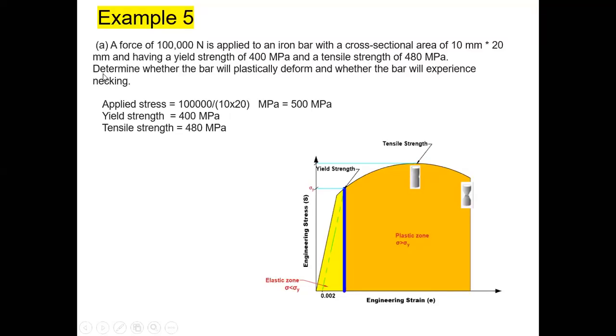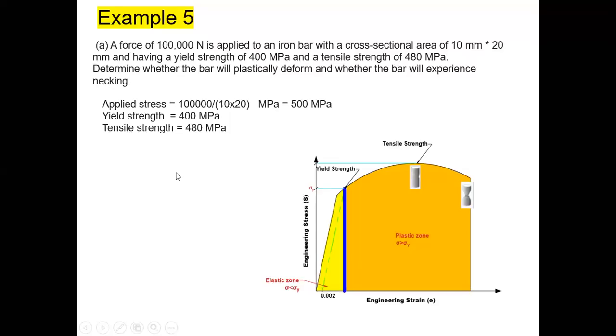First question: determine whether the bar will plastically deform. What is the requirement for plastic deformation? If the applied stress exceeds the yield strength, the bar will plastically deform. You have to check whether the applied stress is greater than or less than the yield stress.